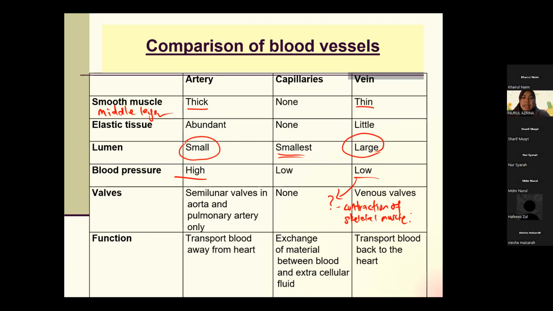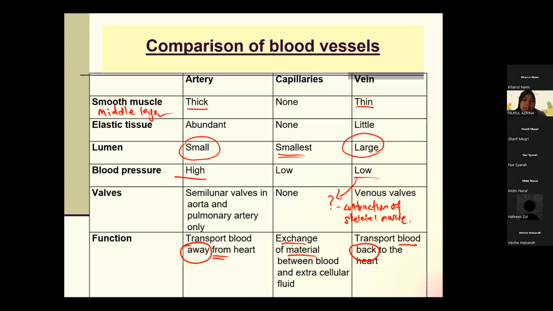Okay, and then next is in terms of function. Artery transports blood away from the heart, aorta, pulmonary artery, so they are transporting blood out of the heart. Whereas vein transports blood back to the heart, like vena cava dengan pulmonary vein. And capillary is just involved in exchange of material between blood and extracellular fluid.